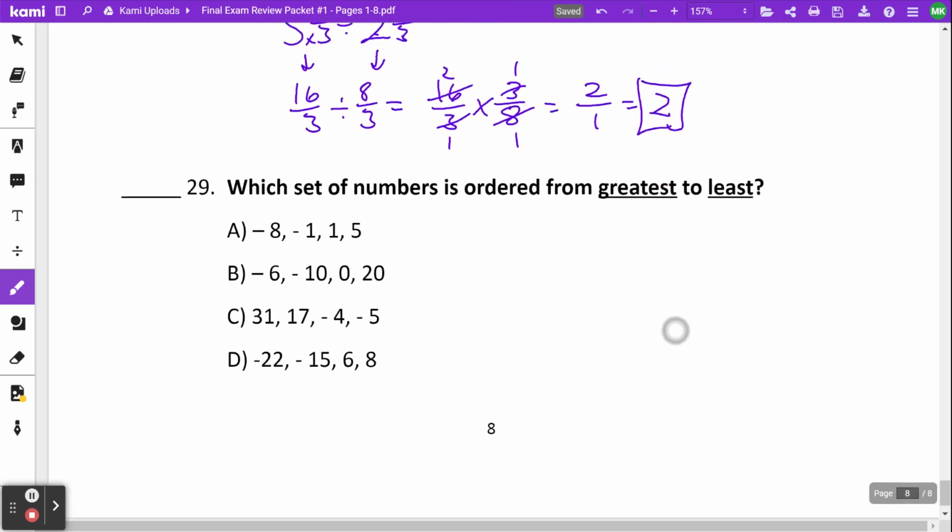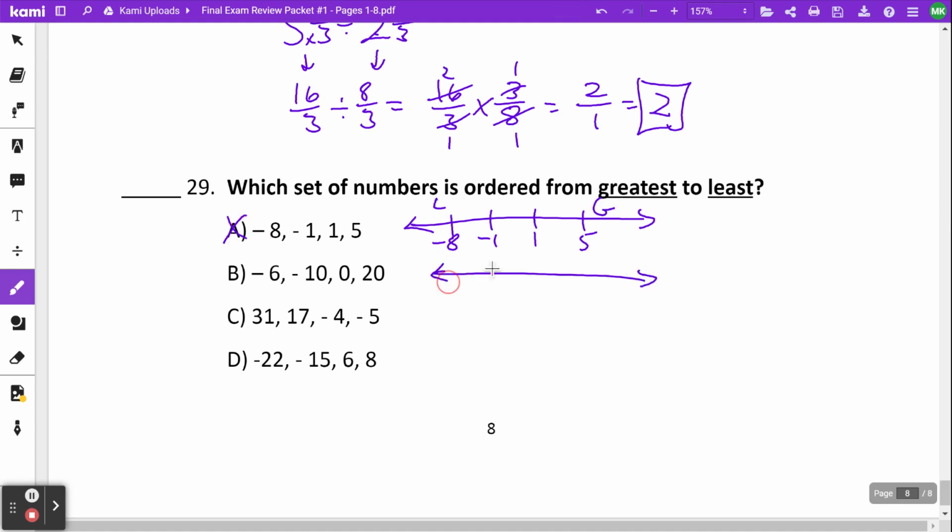Next, last one for page 8. Here we go. Which set of numbers is ordered from greatest to least? So basically number lines, right? Let's see, I have 4 things. 1, 2, 3, 4. Right? -8. Okay, the -1 would be there, the 1 was there, 5 would be there, but they're listed from least to greatest, right? This is least, this is greatest. He's out. This guy here, the next one, 1, 2, 3, 4, -6, -10. Well, he would be over there. And then a 0? What? No, that doesn't work.